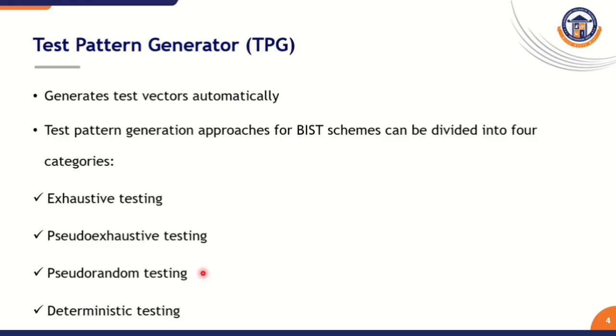Test pattern generator, or TPG, is the first major block of BIST. The TPG is responsible for automatically generating test vectors, which are categorized into four ways: exhaustive testing, pseudo-exhaustive testing, pseudo-random testing, and deterministic testing.